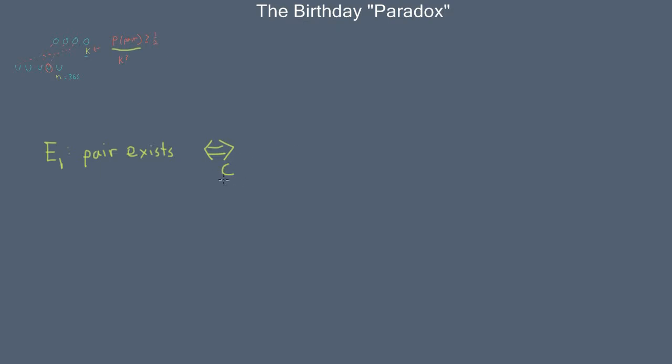We'll denote logical complementation with this notation, as a logical complement to the event that all balls are in separate bins. So the event that at least one pair exists is the logical opposite, that all the balls are in separate bins.